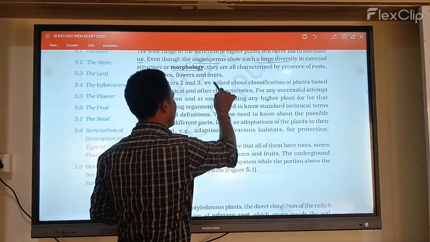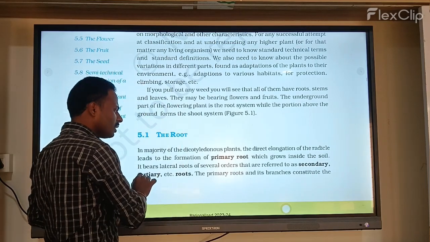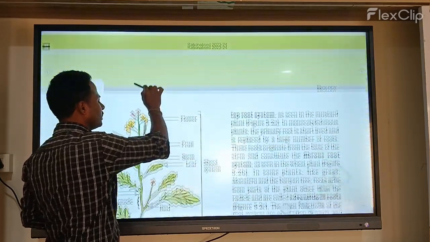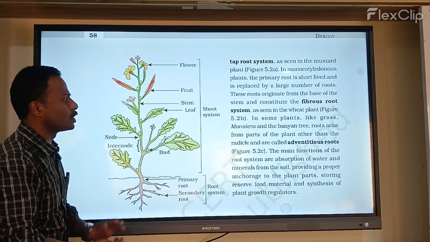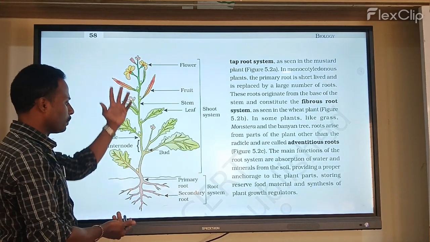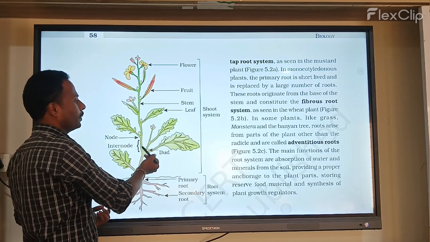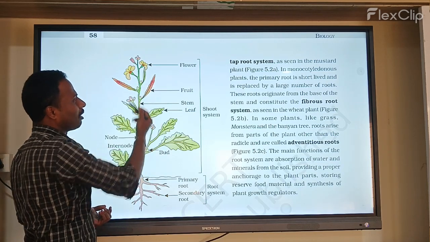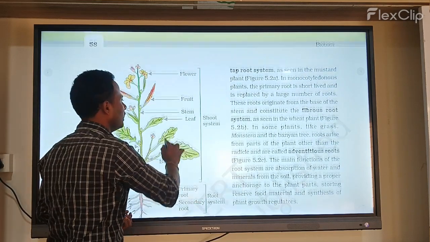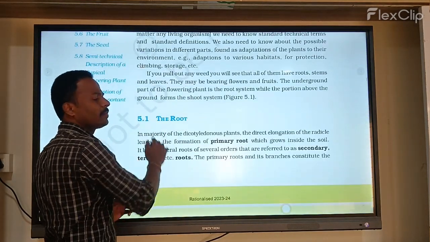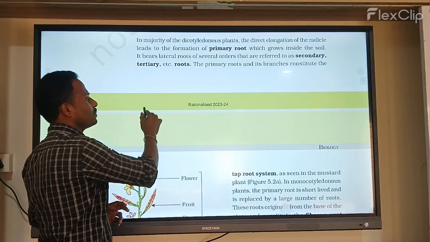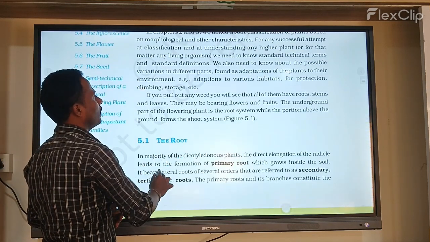It shows root, stem, leaves, fruits, flowers, everything. These are the different characters it shows as an angiosperm.